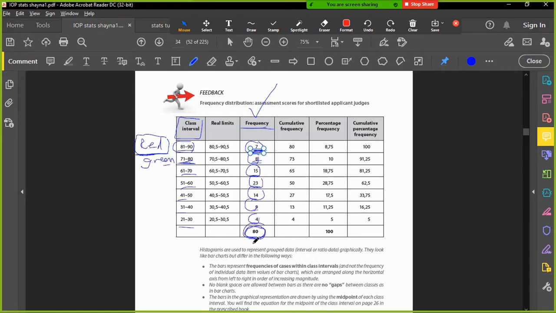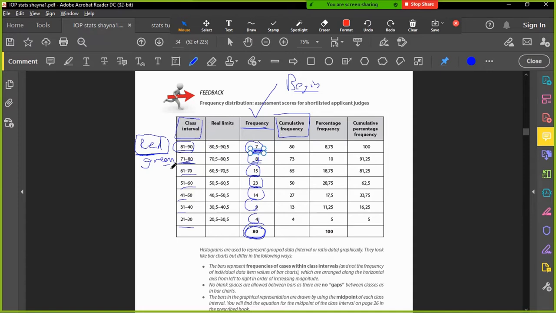So are you happy with that column? Yes, I am happy with that column. All right. How do you get cumulative frequency? Well, I know you add up the frequencies, but I would think 7 would be there. I don't know why 8 is there. No, cumulative means from the start, from the beginning. Oh, so where do you start?